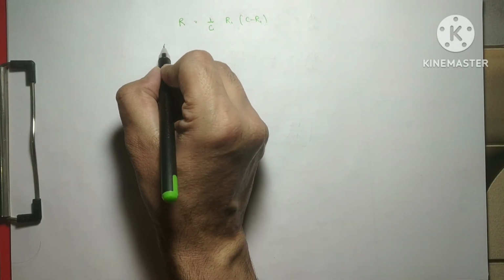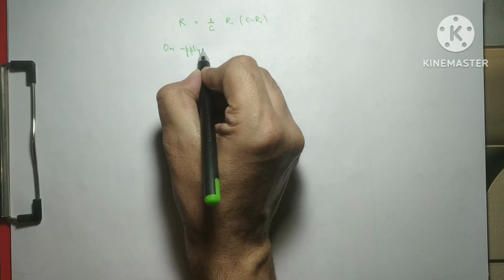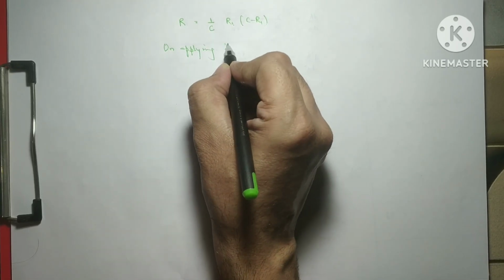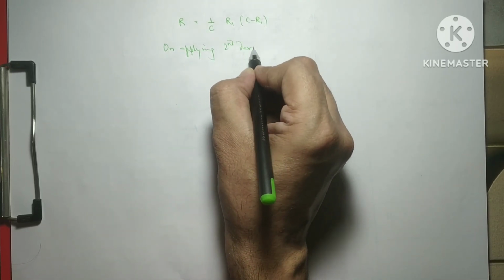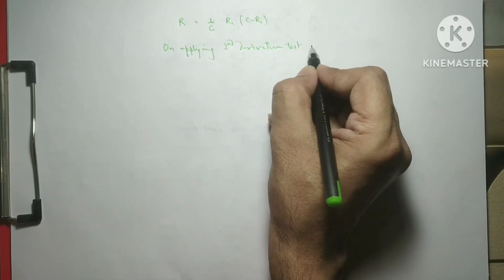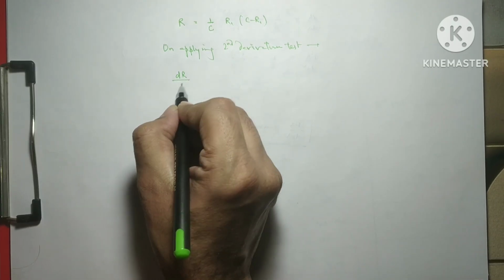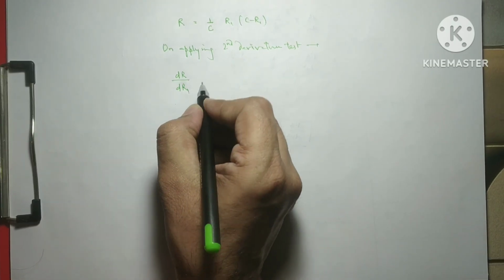So on applying the second derivative test, we will differentiate the equivalent resistance with respect to R1.